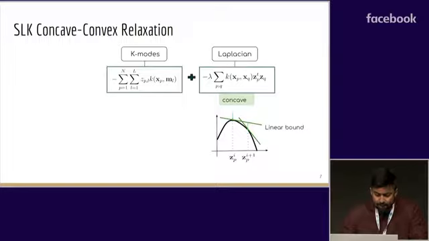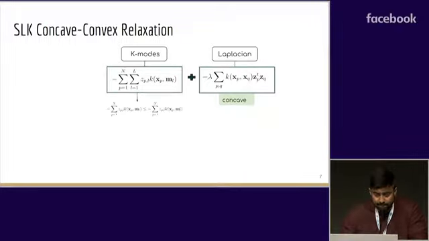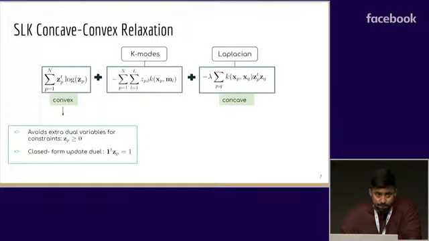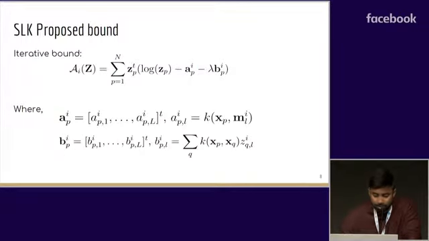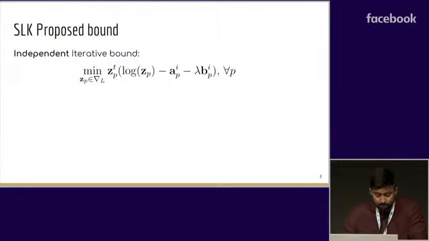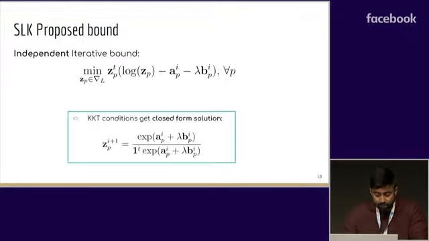The K-modes term can also be bounded like this, and we introduce a convex entropy term which averts the simplex projection step. So this is the bound for our relaxation, and we can see this is a sum of independent functions. Thus, we minimize it independently for each data point with guaranteed convergence, and thus make it scalable, and it is a parallel structured algorithm.